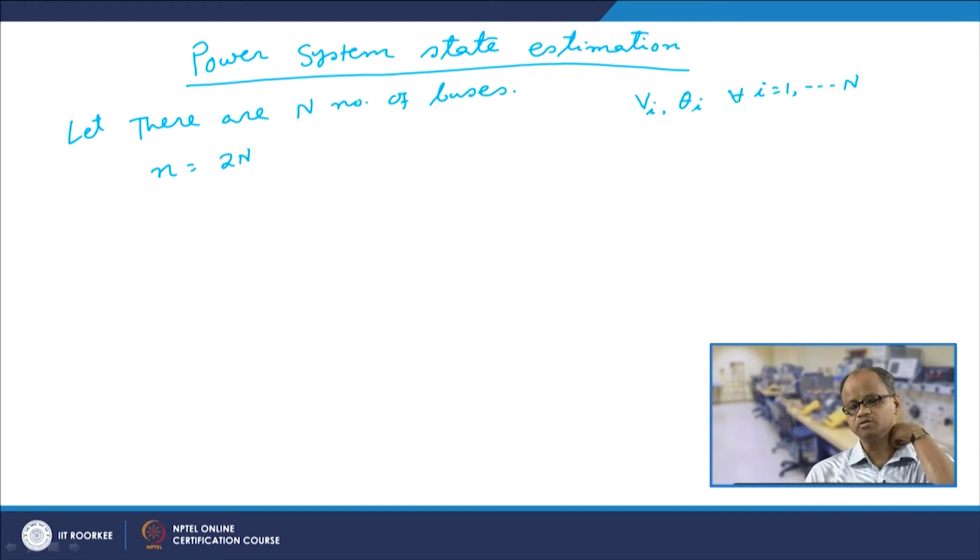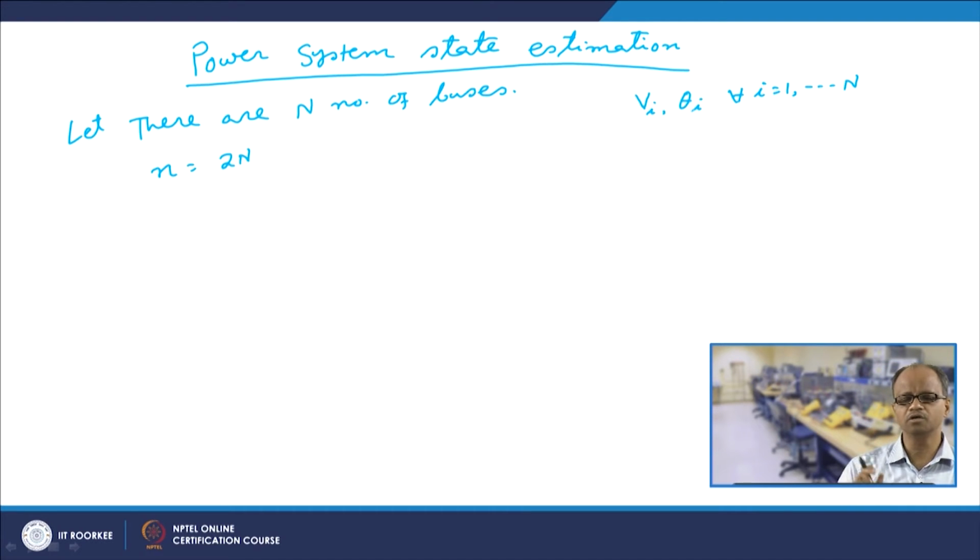But as we have also said when we discussed power system state estimation, for calculating the value of any angle we need a reference value of angle, because without any reference value, a calculated value of angle does not make any sense. So, we have to make one angle equal to 0, and the rest of the angles would be calculated with respect to this particular angle.